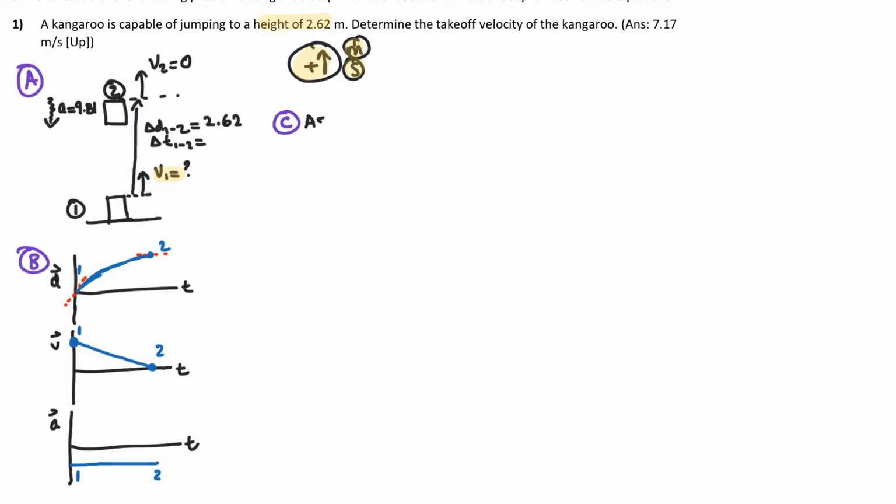For the assumptions, we are assuming that the acceleration is constant throughout, and that's because the height that it's traveling is not that much, and therefore the altitude isn't changing much. We are going to make an assumption that there's no air resistance or wind effects here.